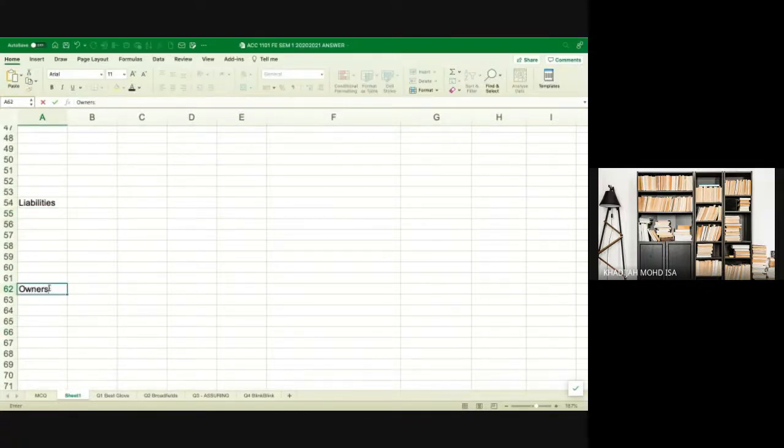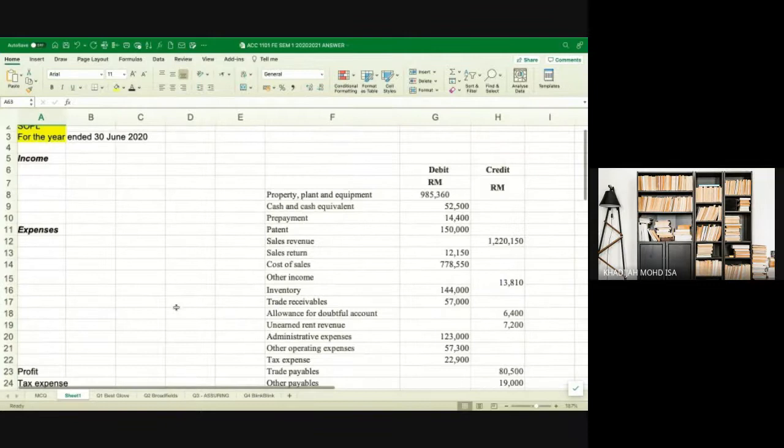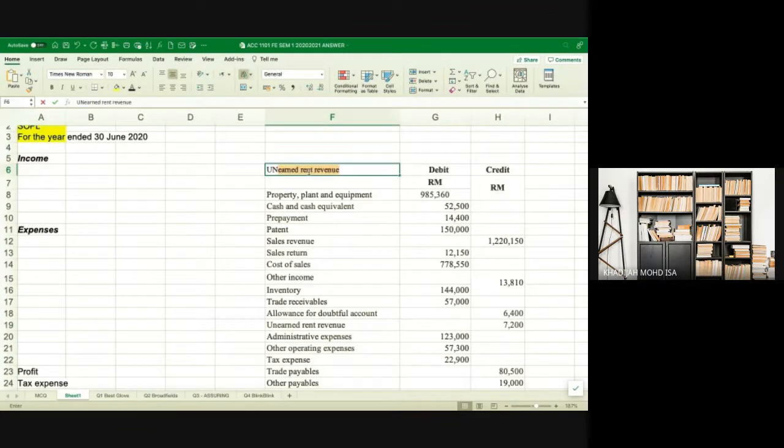So once you have all these as your frame, then you plug in the information from this one, your unadjusted trial balance, right?